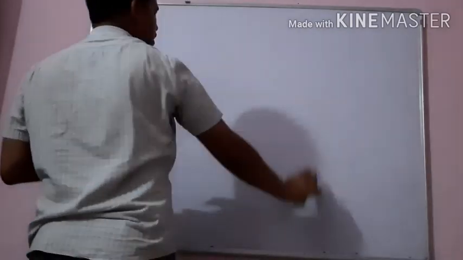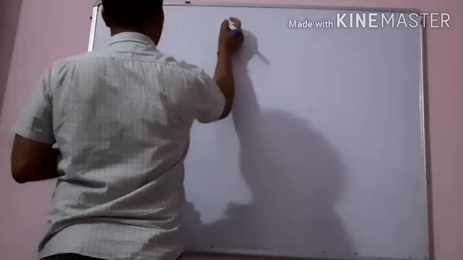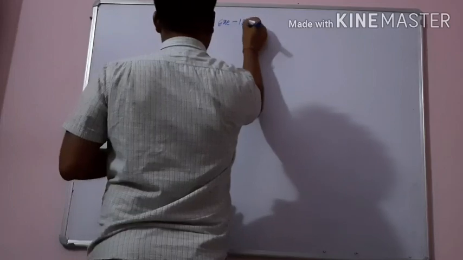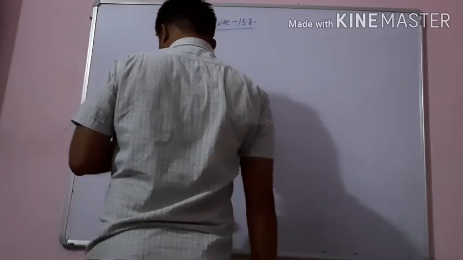It is a very easy question. You have to just use the formula 4 upon 3 pi r cube. So question number 1, you can do it. Now moving to question number 2.